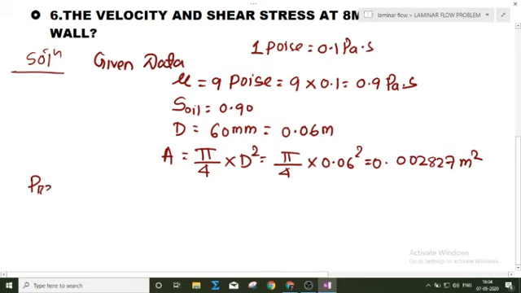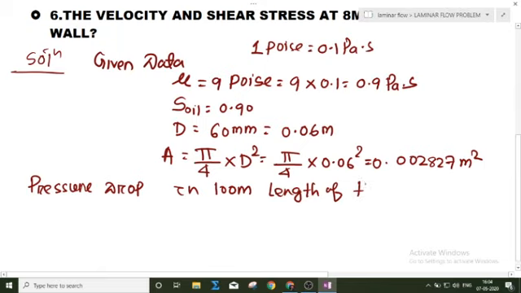The pressure drop in 100 meter length of the pipe, delta P, is 1800 kilopascal.